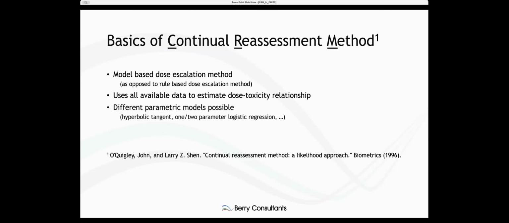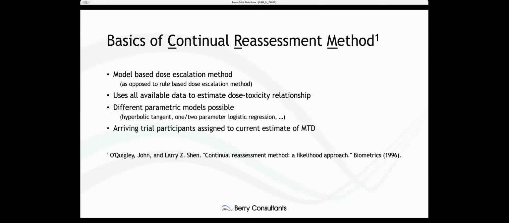And since this is a model-based dose escalation method, we're assuming an underlying parametric model for the dose toxicity relationship. And there are several different models that we could choose. There are hyperbolic tangent models, 1 or 2 parameter logistic regression models, or others. And in FACTS, and also in this presentation, we're going to use a 2-parameter logistic regression model.